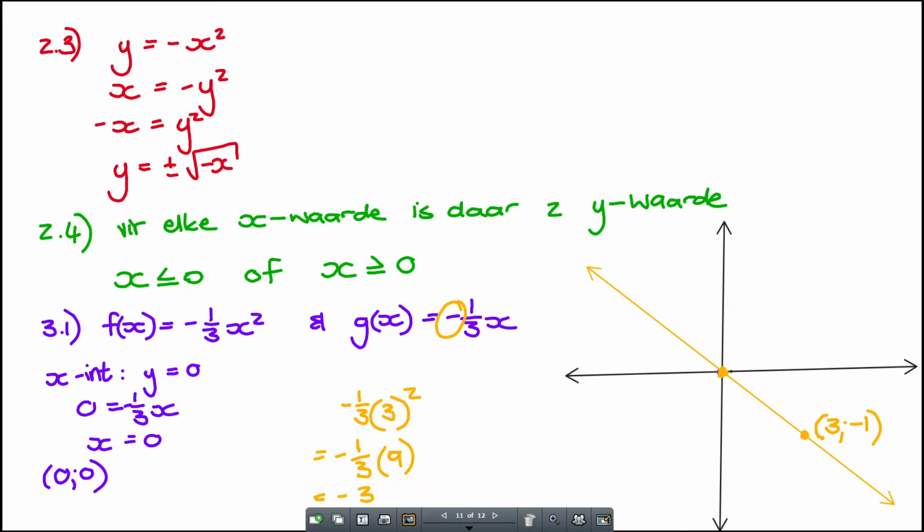So minus 3. So if x is 3, y will be minus 3.